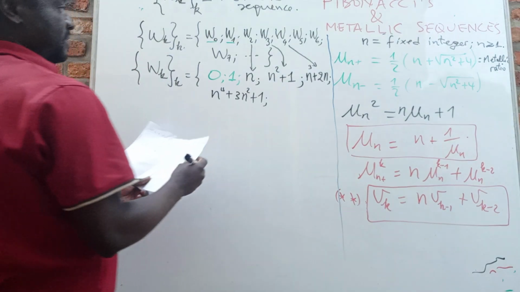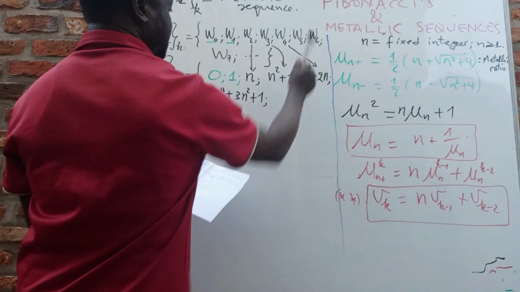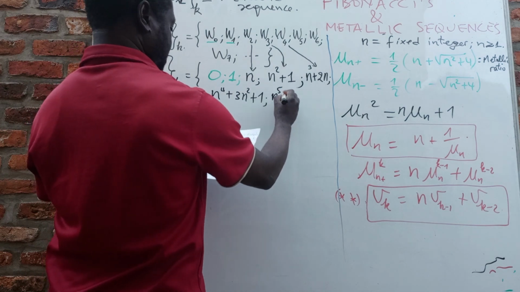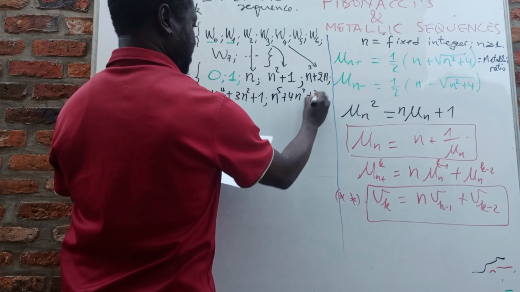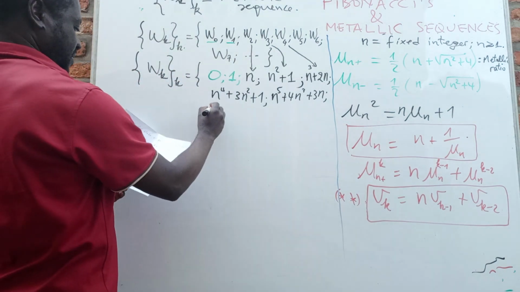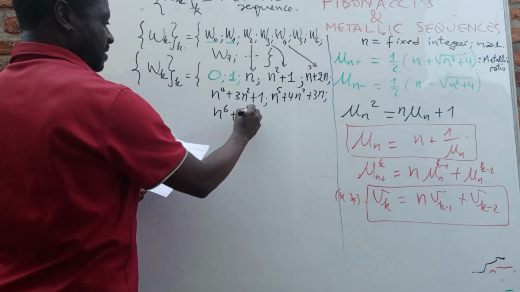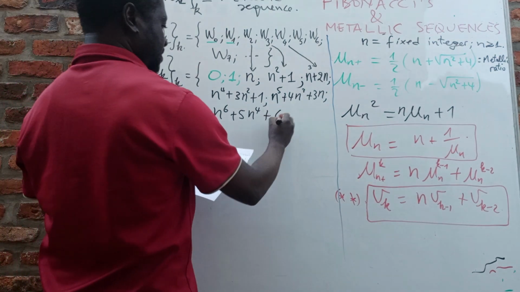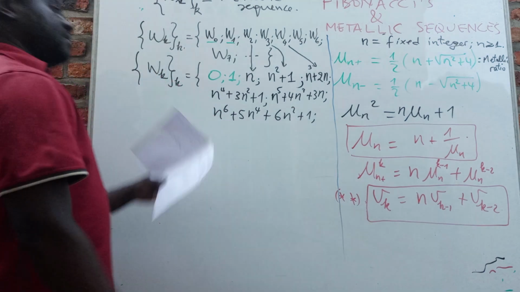Now the seventh term is going to be n power 5 plus 4 n power 3 plus 3n. Now the next term is n power 6 plus 5 n power 4 plus 6 n power 2 plus 1, and so on.